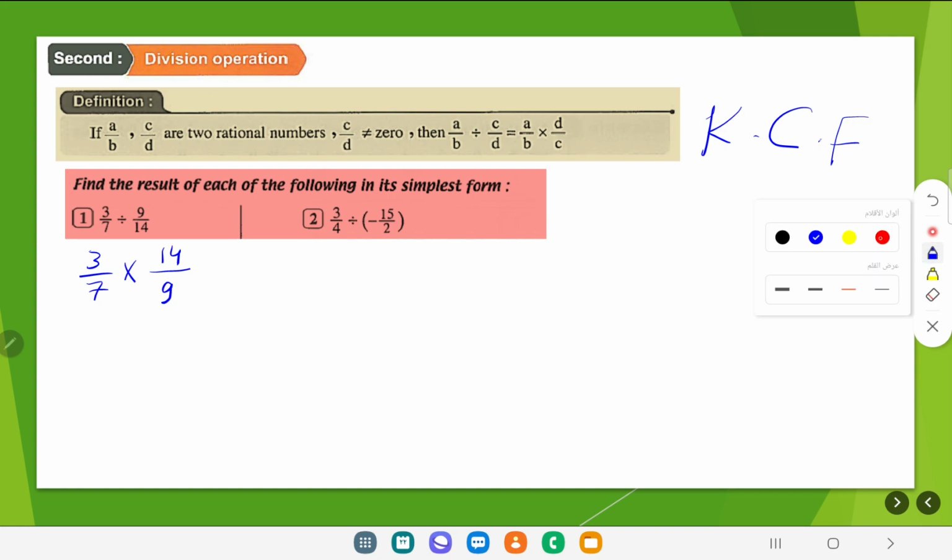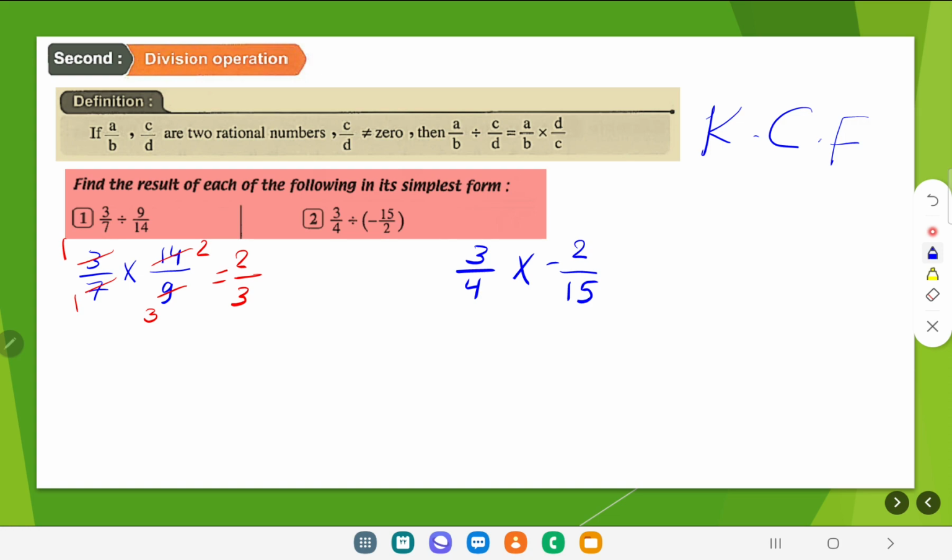By simplifying, firstly, divide 7 by 7 equal 1, divide 14 by 7 equal 2, divide 3 by 3 equal 1, divide 9 by 3 equal 3. So it will be 1 times 2 equal 2 over 1 times 3 equal 3. The other one, keep the first as it is, change the division into times, flip 15 over 2, it will be negative 2 over 15.